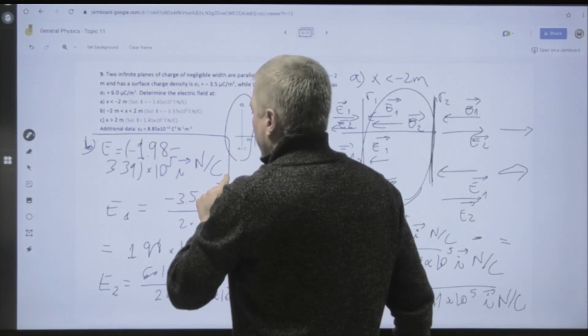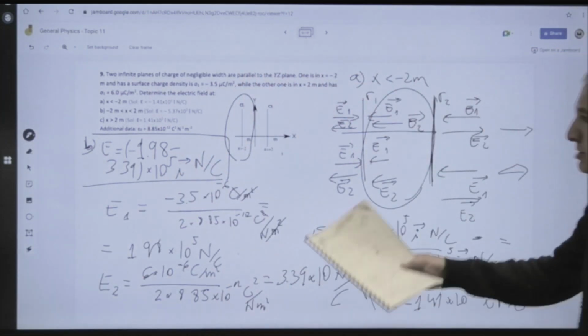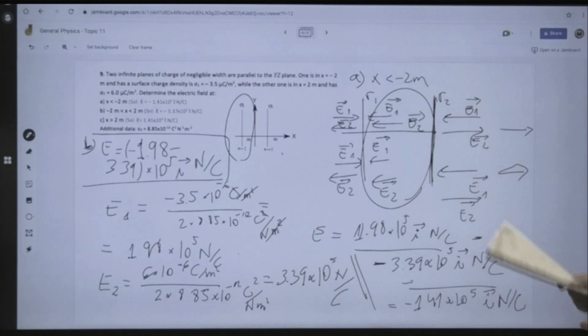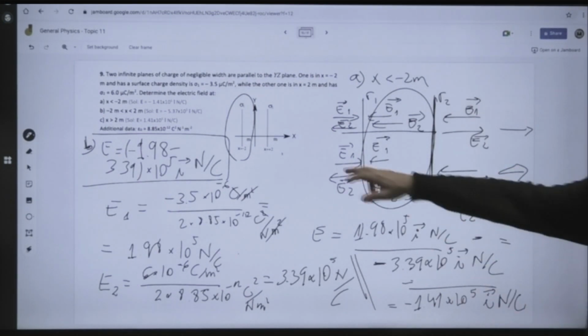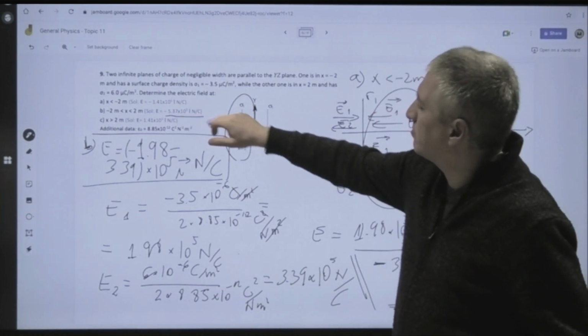So that will be for B, which is minus 5.37 times 10 to the 5 newtons divided by Coulomb, which is the number that we have here. Okay.